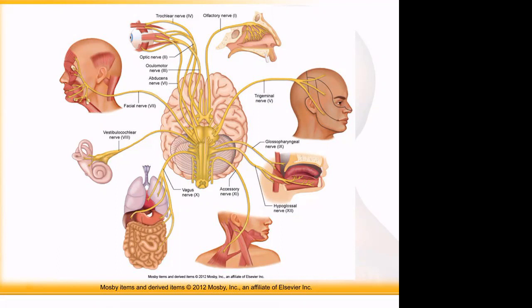Trigeminal nerve, cranial nerve 5, which does both. Facial nerve, cranial nerve 7, which also does both. Vestibulocochlear nerve, cranial nerve 8, which is sensory. And then the vagus nerve, because it's just the oddball, cranial nerve 10. He just does whatever he wants.